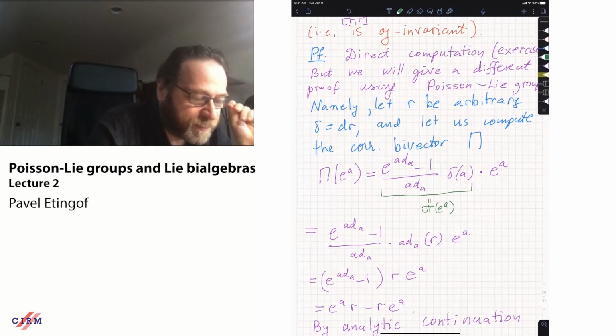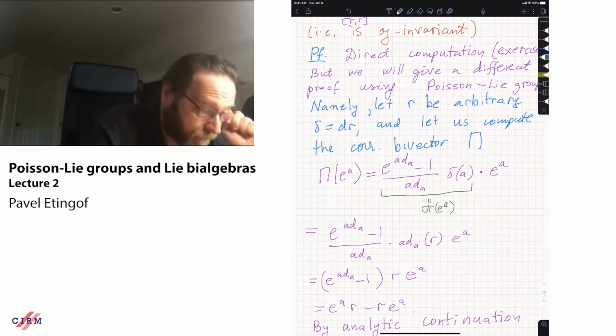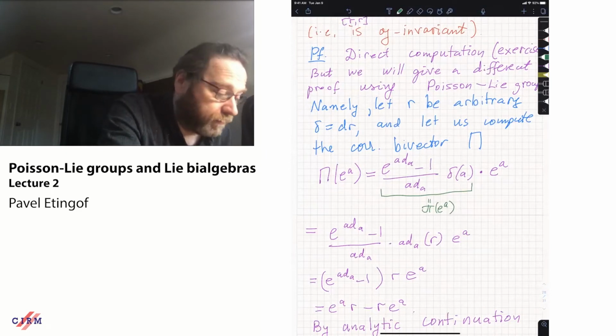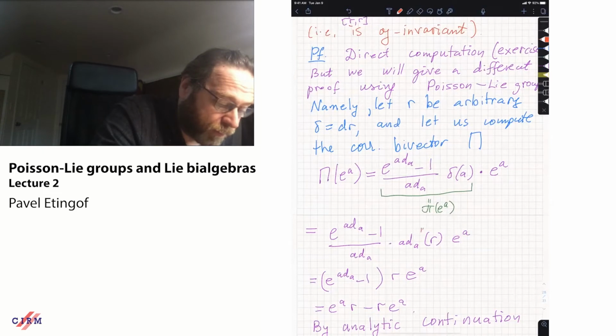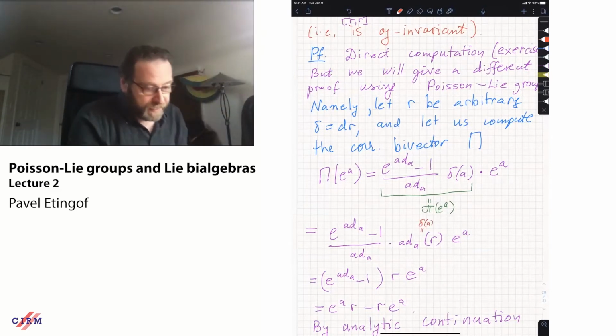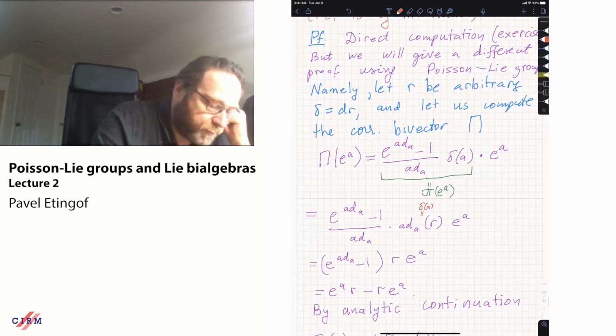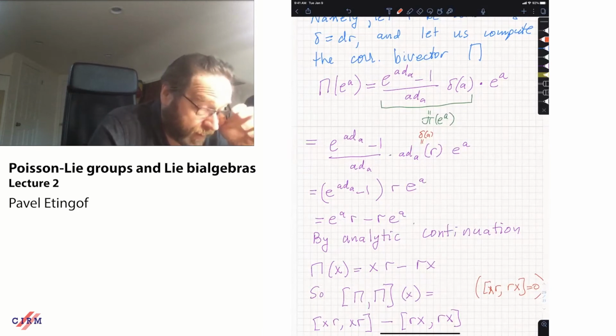So I have to take this expression and multiply it by e to the a on the right. Now delta of a, well, dR means it's adjoint a of R. And so I write it this way, but then this adjoint a cancels. Since we're working with formal series here, it makes sense, as this is defined by some power series. And I get e to the ad a minus 1 applied to R, times e to the a, which means e to the a R minus R e to the a.